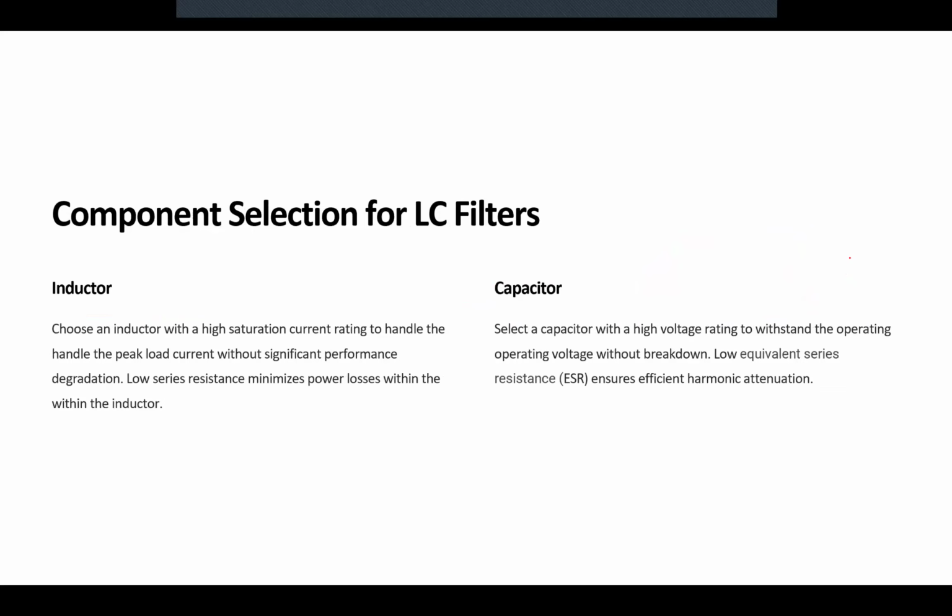After you decide what the main parameters of your design should be, now it's time to choose the components. For example, in a second-order filter, you have one inductor and one capacitor. You have to choose them based on your system definition.